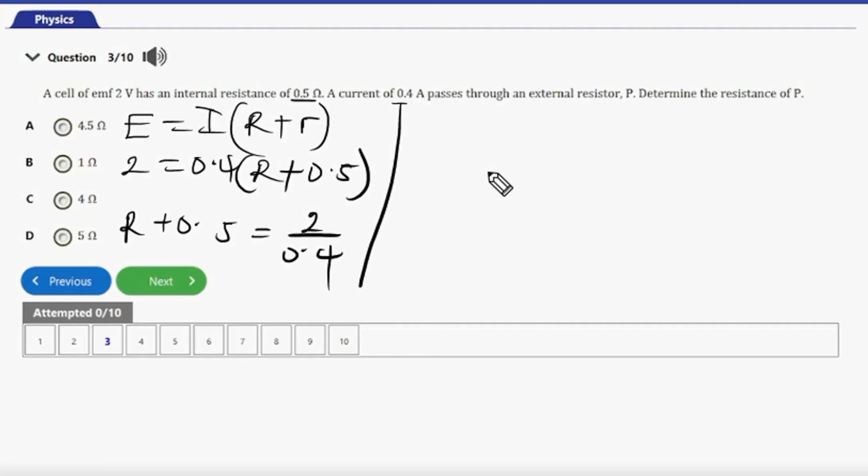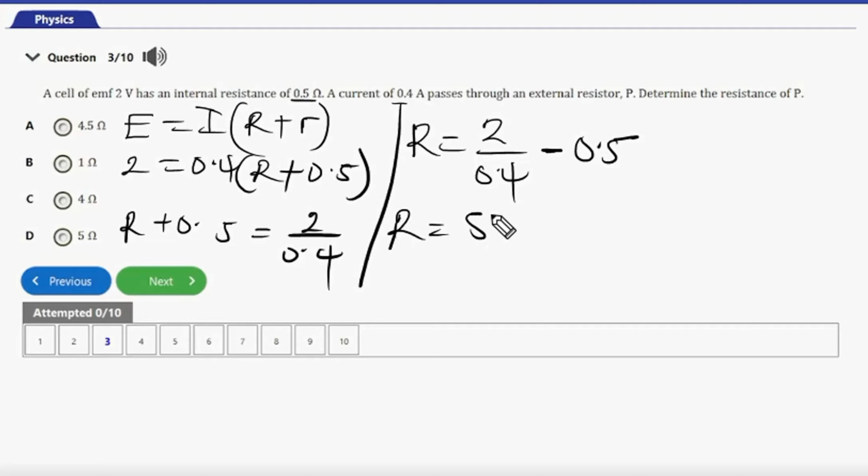Now that we've gotten to this level, if R plus 0.5 is this, we can now get R. So R becomes 2 over 0.4 minus 0.5. If we calculate 2 over 0.4, we'll have 5. So in that case, R is equal to 5 minus 0.5, and that's 4.5 ohms.